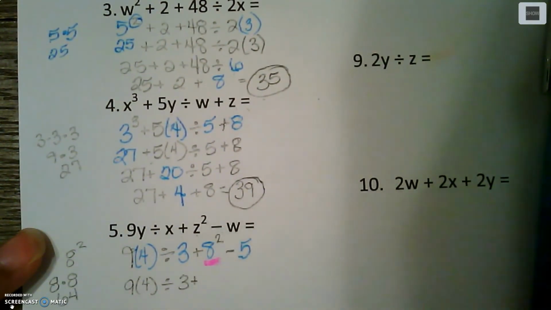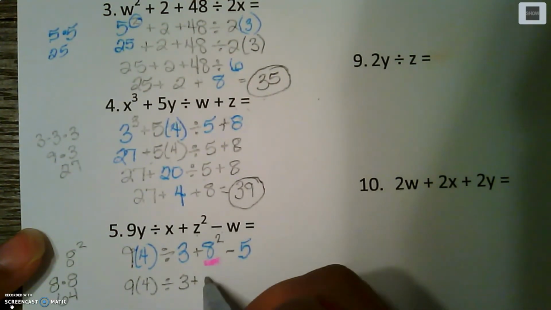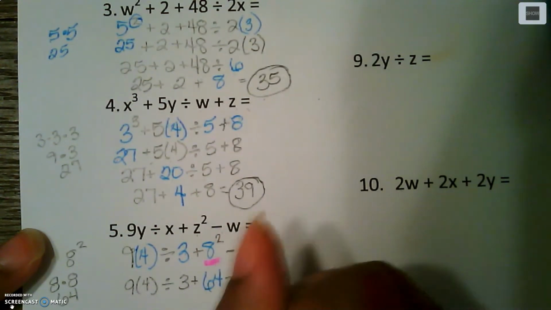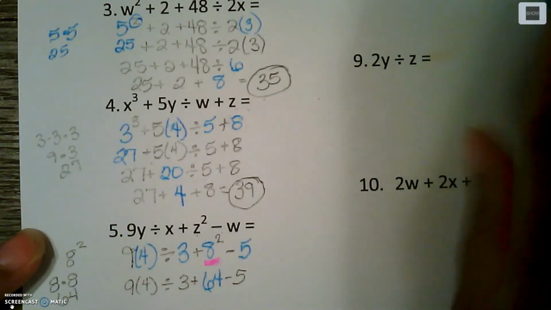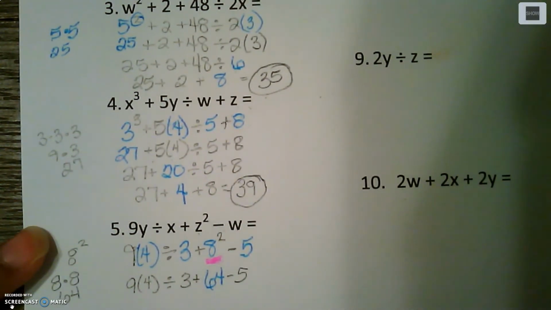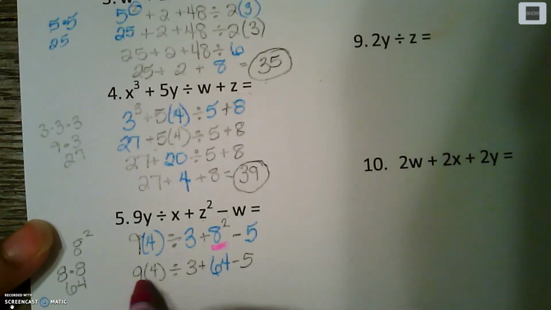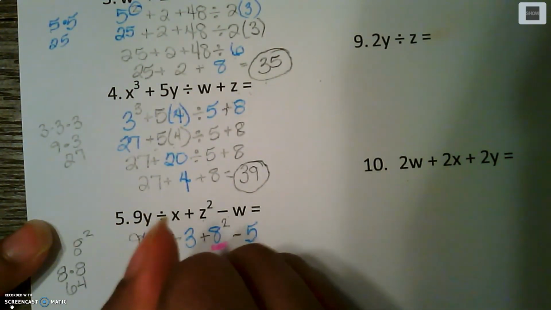So I replace this 8 to the second power with 64, and I subtract 5. The next operation I'm going to do is multiply 9 times 4. And 9 times 4 is, who can tell me? It's a video, you can't tell me. It's 36.